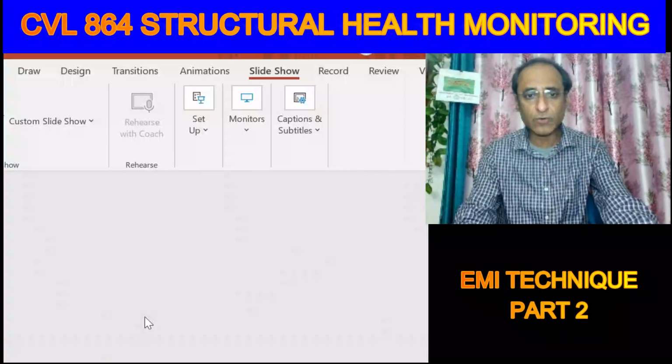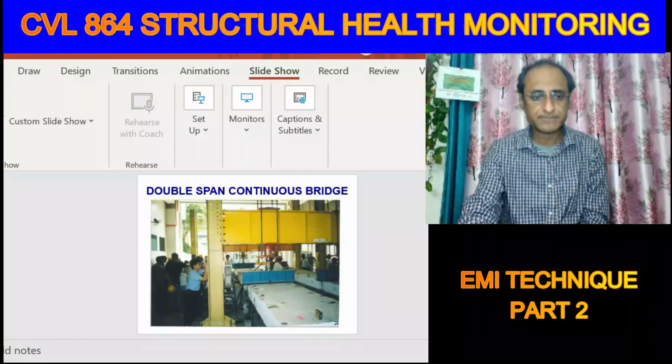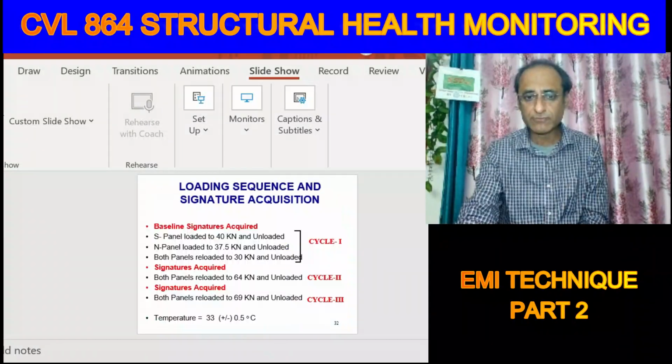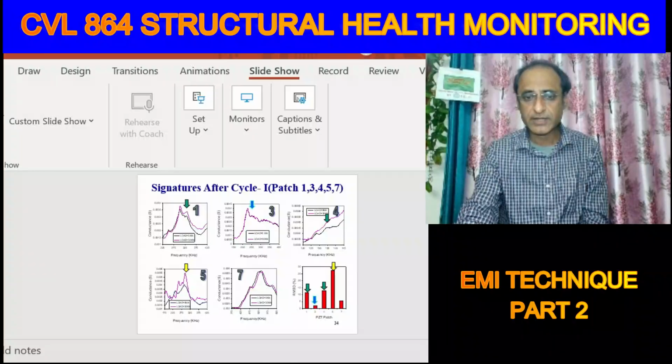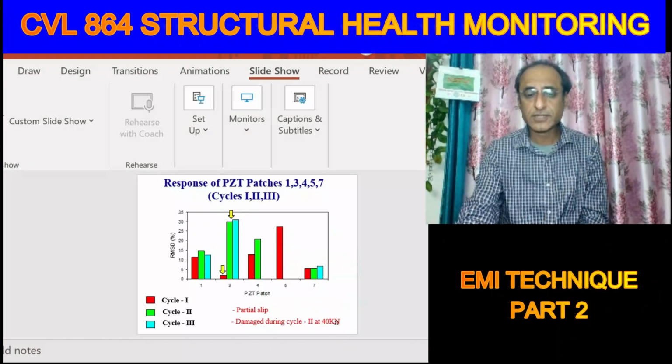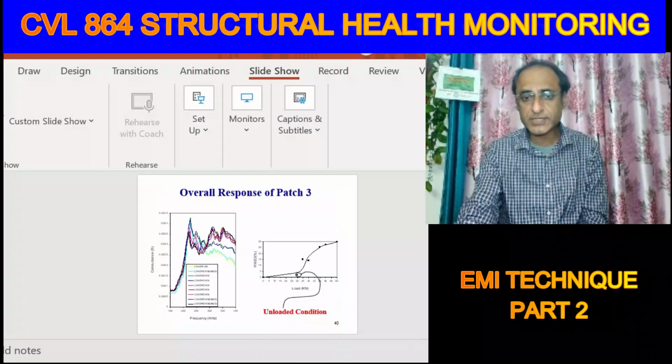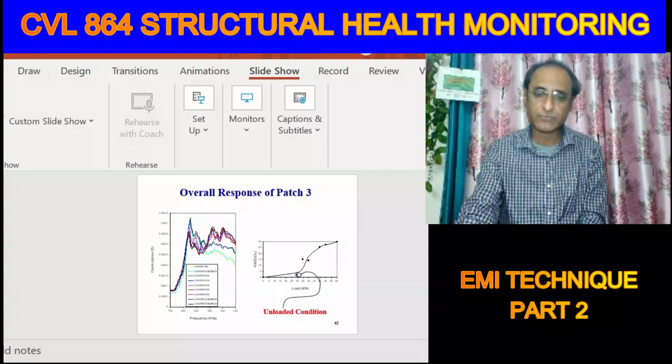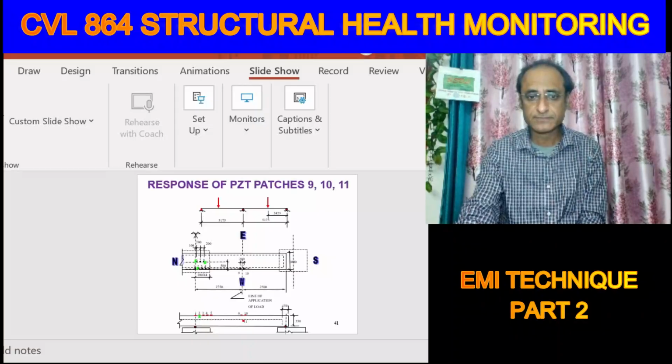Okay, now we come to another case study. We have only one case study left, and the purpose of that case study is to just observe the sensitivity of damage detection of this technique.